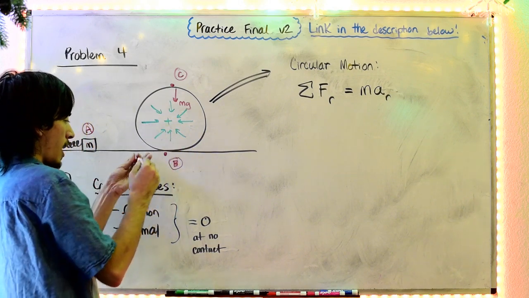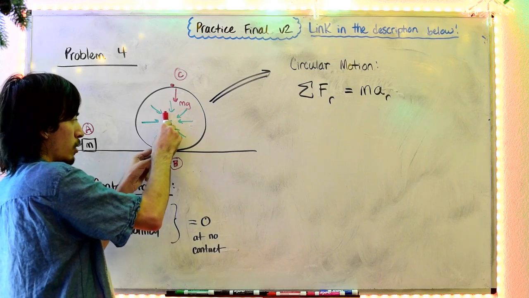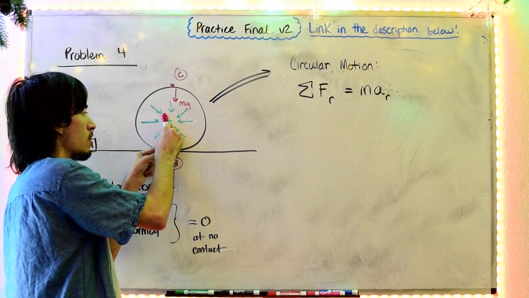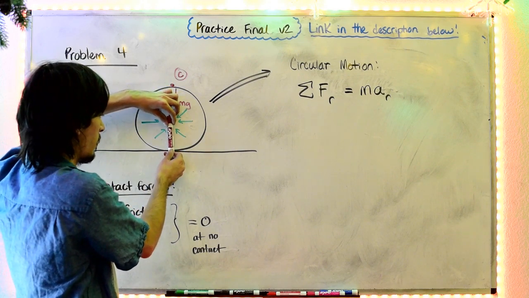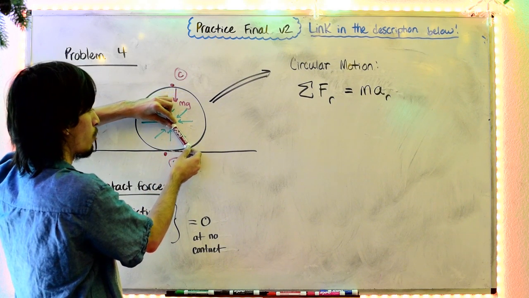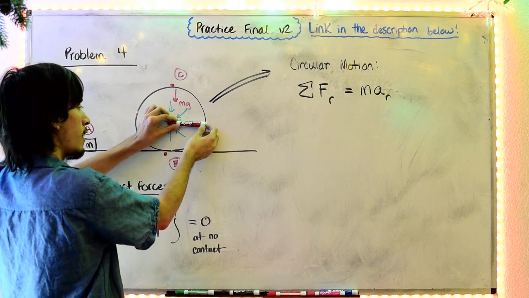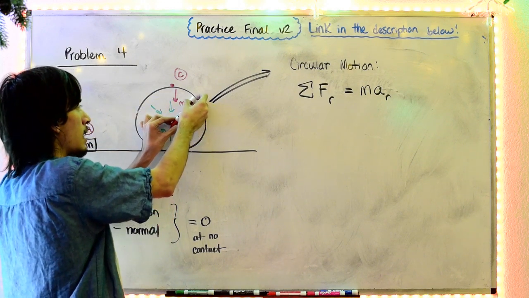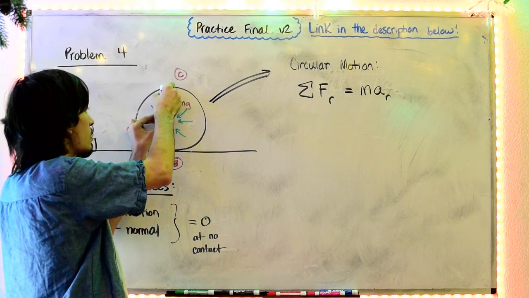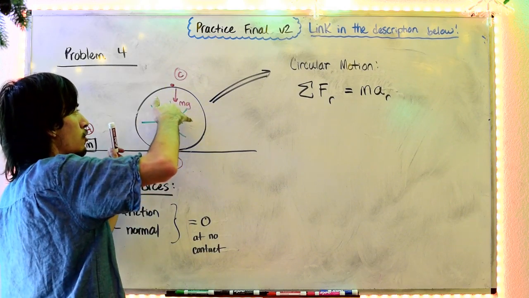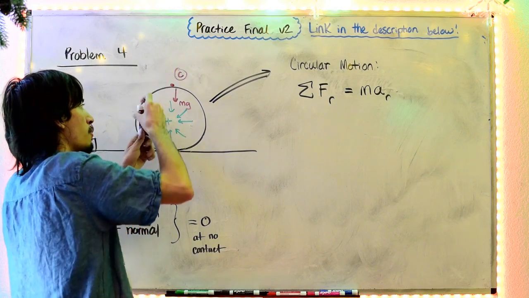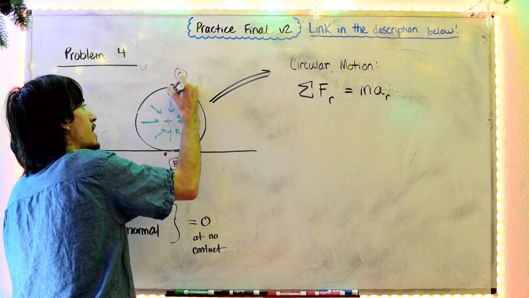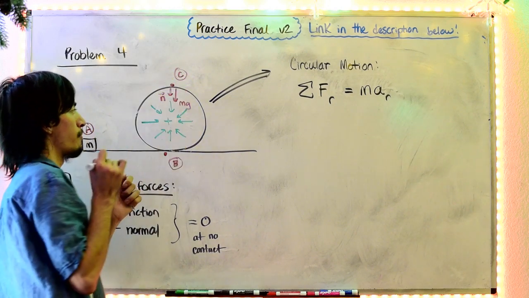But the normal force will continue to follow the orientation of the surface. So if the normal force points up at the bottom, it's going to tilt as you go through the circle. It's going to be angled, then it becomes horizontal, but then it goes upside down. So in a sense, you're pushing up into the track, so the track pushes back down, and there's a normal force that points directly downwards at the top.